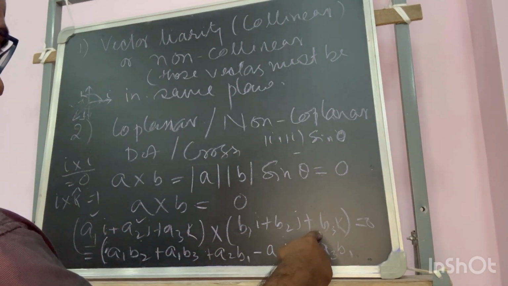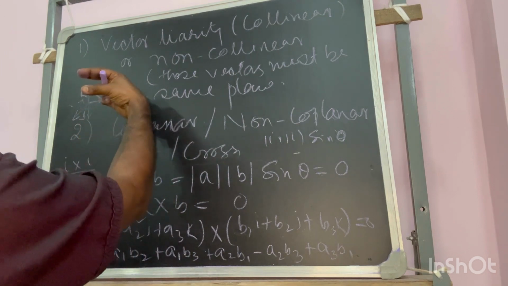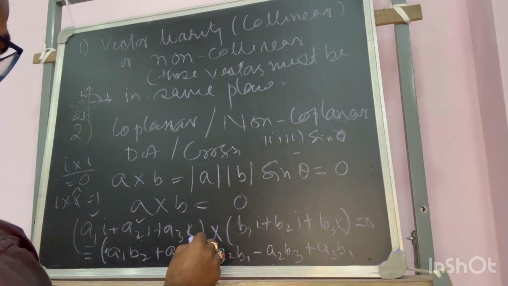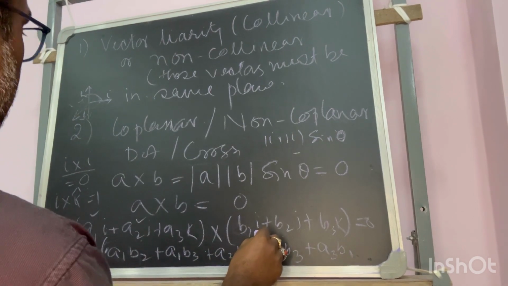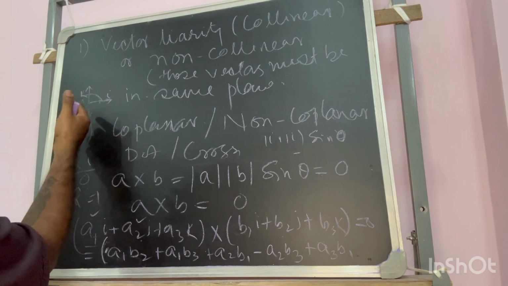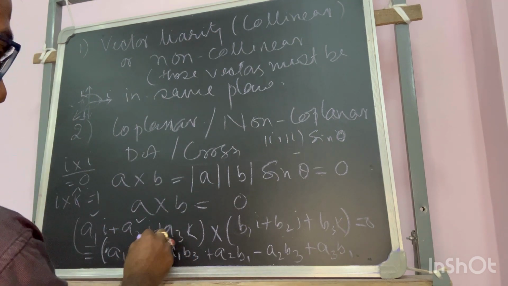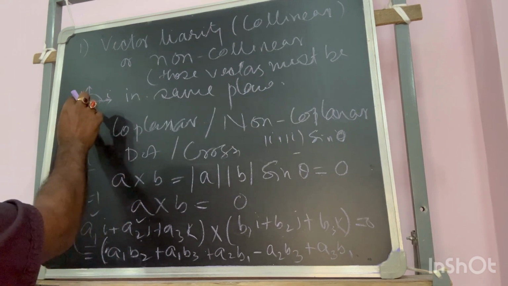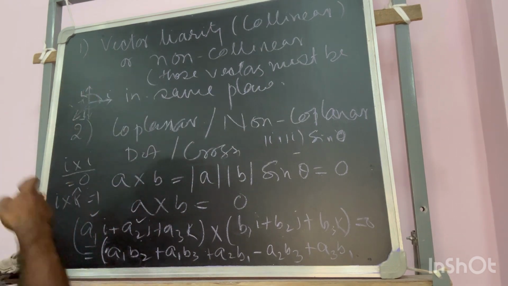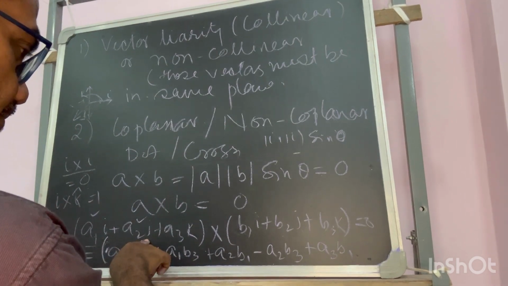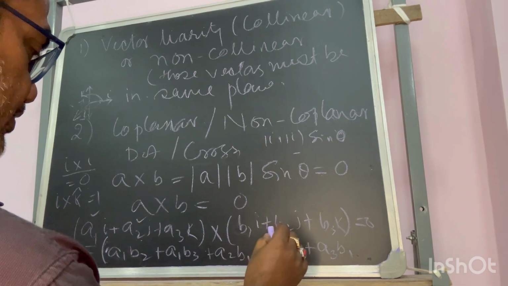Then a2 j and i: j to i, k is positive. j to k means I am rotating from j, this is negative, so a2 b3 is negative. Fine.